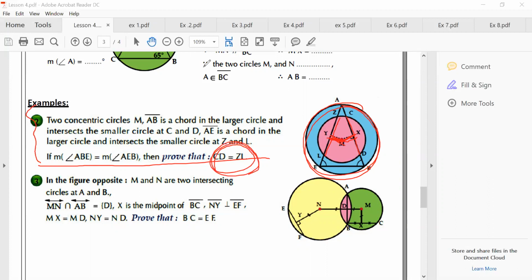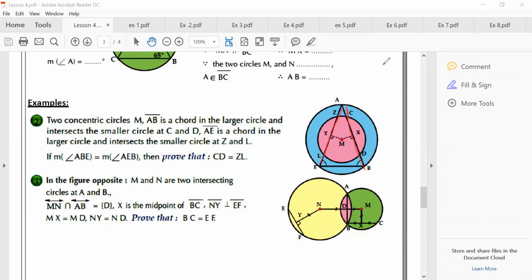AX equals AB, so we will subtract LA and LE and ZA from AE. But first, I don't have that AB equals AE.